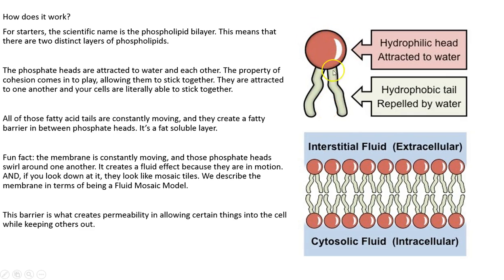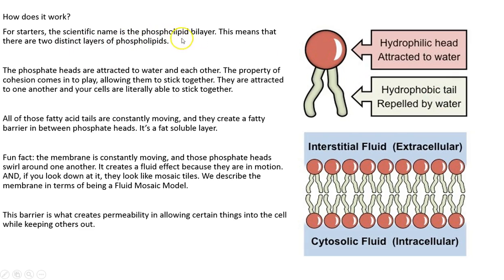It has a phosphate head with two fatty acid tails. A phosphate head is attracted to water, and our term is hydrophilic. We can say that it is a polar hydrophilic head, and then our fatty acid tails contain fat, so they repel water. So this is a hydrophobic tail that repels water.